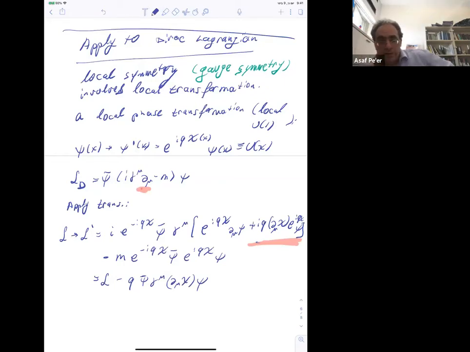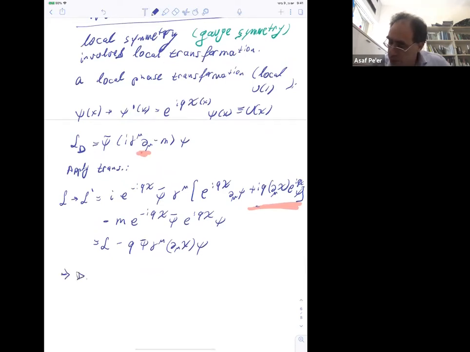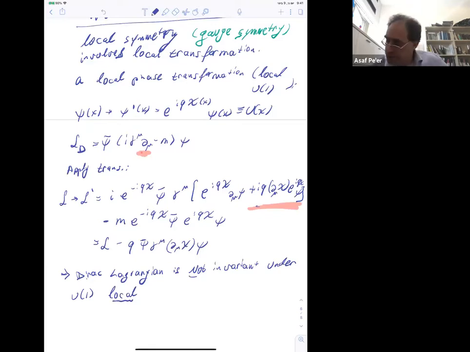So what we just showed is that the free particle Lagrangian for the Dirac field is not invariant under the U1 local phase transformation.